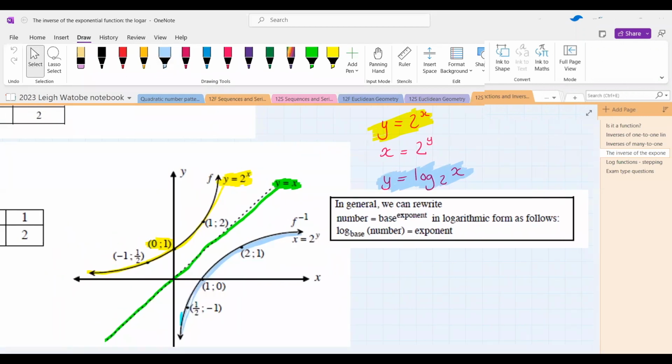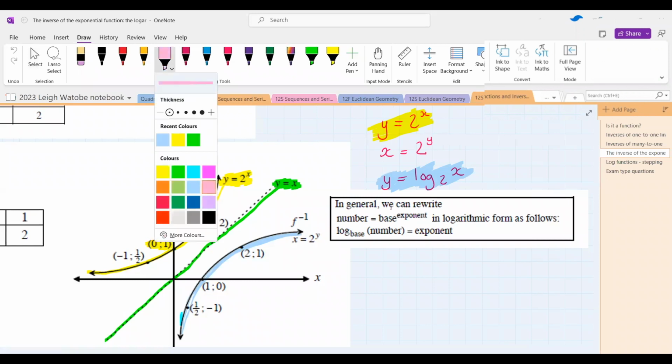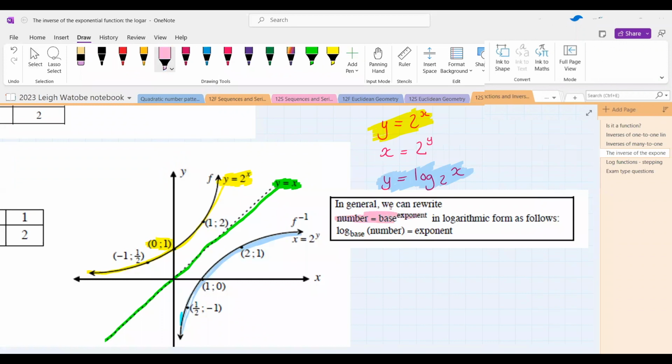Okay, so this is important, matrix, what I have written on the side over here. Let's highlight this in pink. Number equals base to the exponent. Take screenshots. It can then be written in log form as follows: log base, the number, is equal to your exponent.